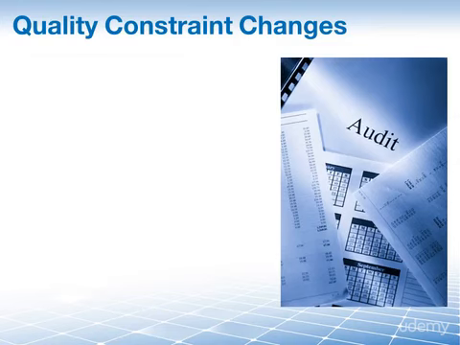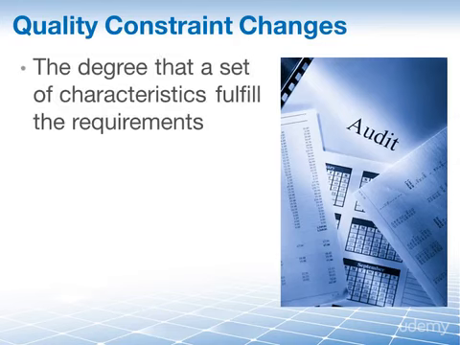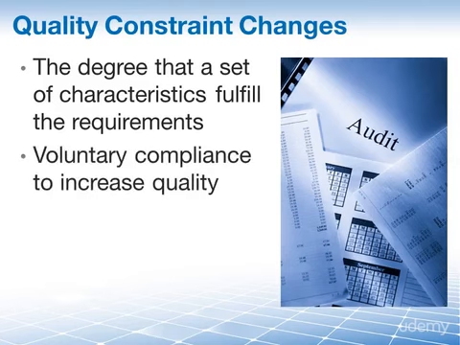Our 4th competing project constraint is quality, which refers to the degree in which a set of inherent characteristics fulfills requirements. Quality changes may once again be introduced by your organization in terms of voluntary compliance with other standards such as ISO or ANSI standards in order to meet higher quality standards for the delivered product.